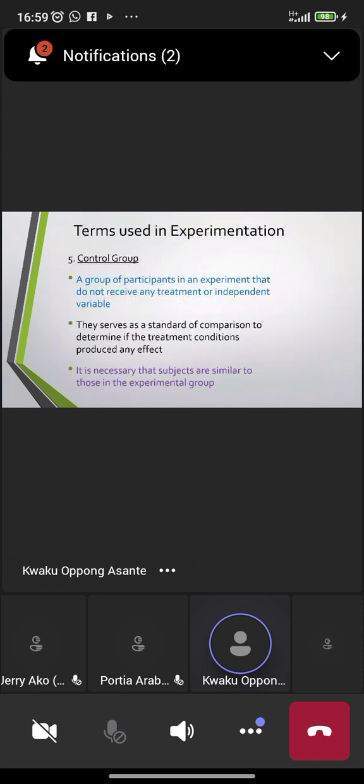So in every experimentation, we have an experimental group and a control group. The control group serves as the comparison group. The control group is also called the comparison group. The control group are participants that do not receive any of the treatment or independent variable.